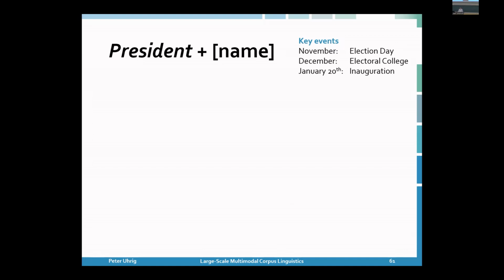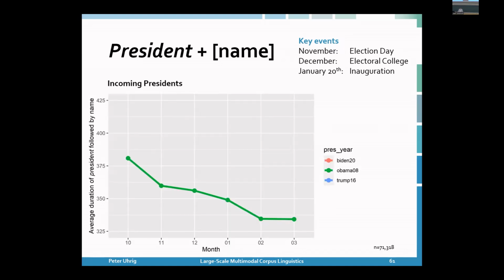And now, let's take a look at how this works. So we have, this is with Obama. The length of the word president in milliseconds when followed by the word Obama in 2008. And what we see is that here, it's hardly used.